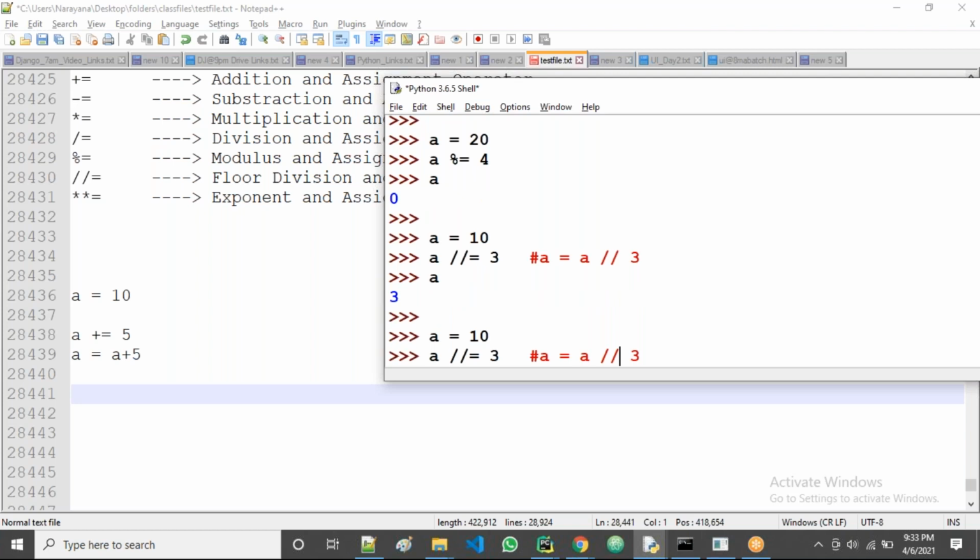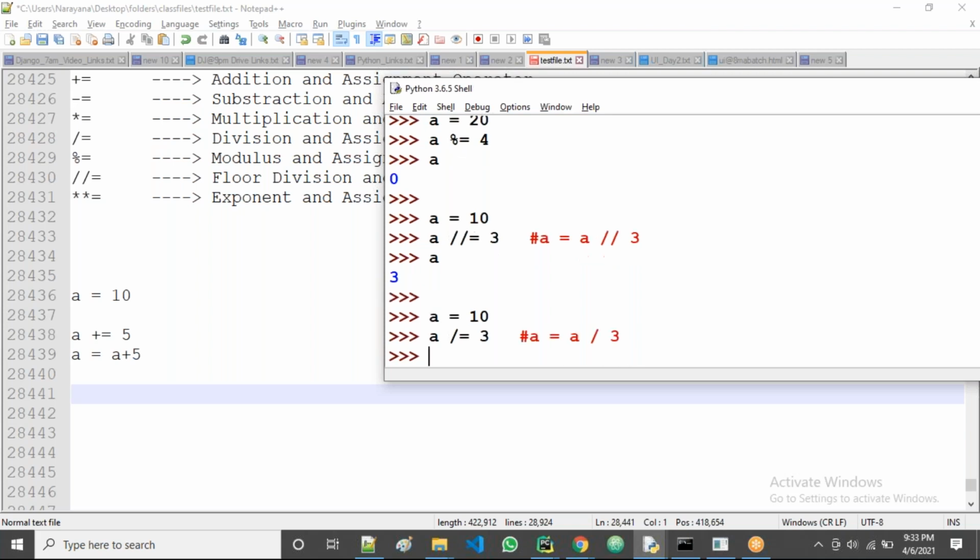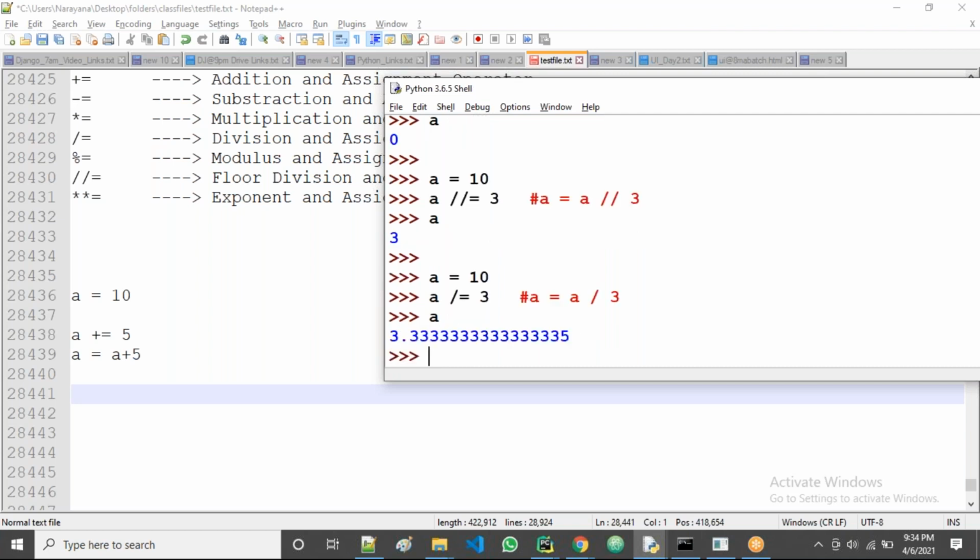I am taking now just a division, a /= 3. How does it execute? Like this. Now what is the value of a? Is it 3.0 or 3.33 like that? Yes, 3.33 like that, not 3.0. 3.333 like that.